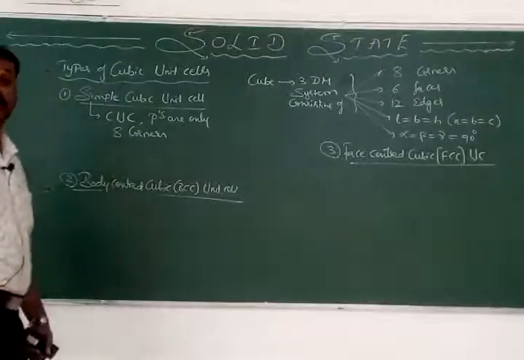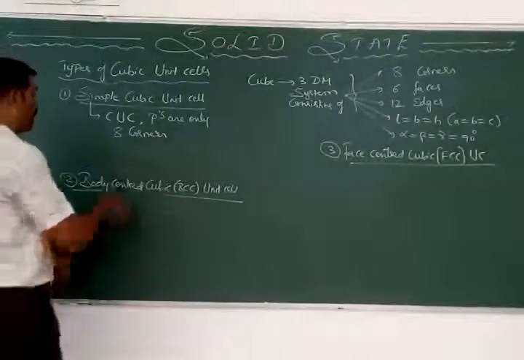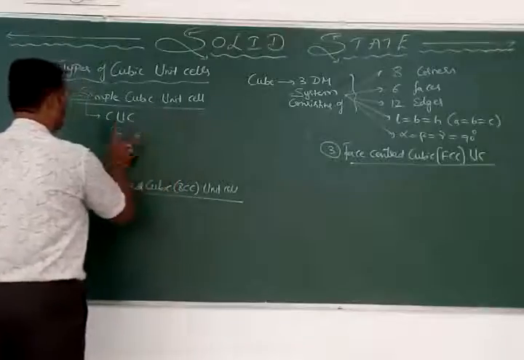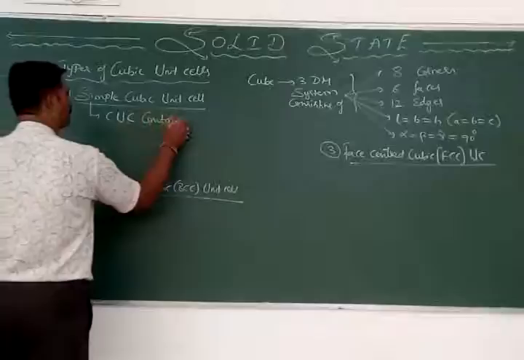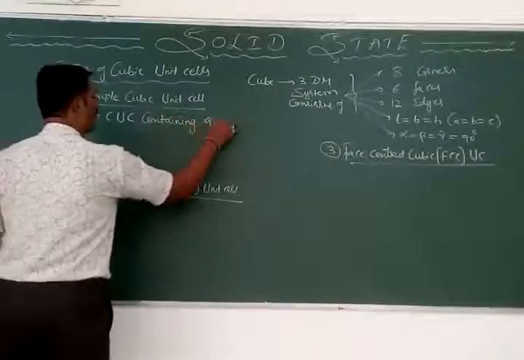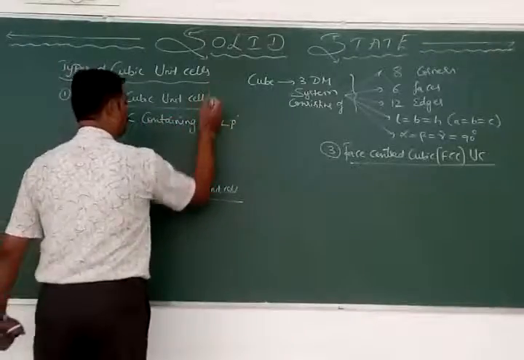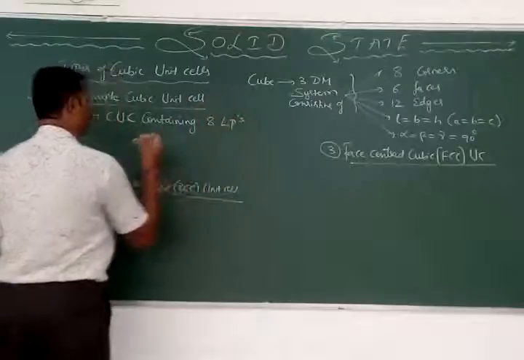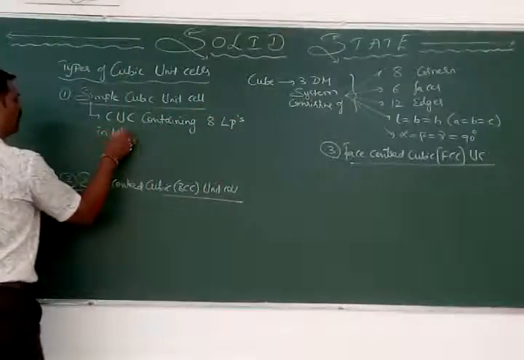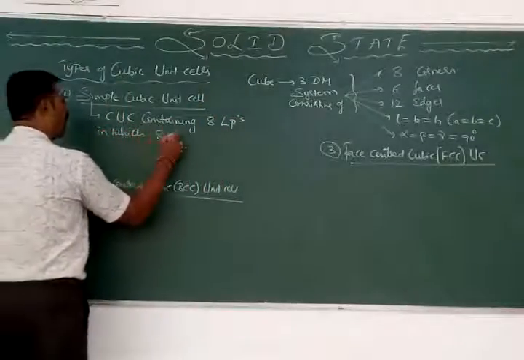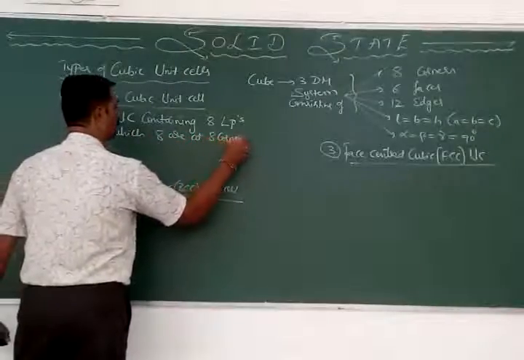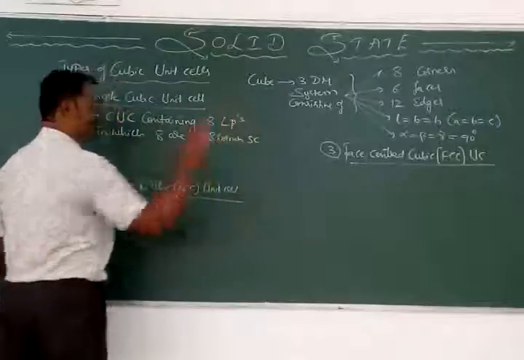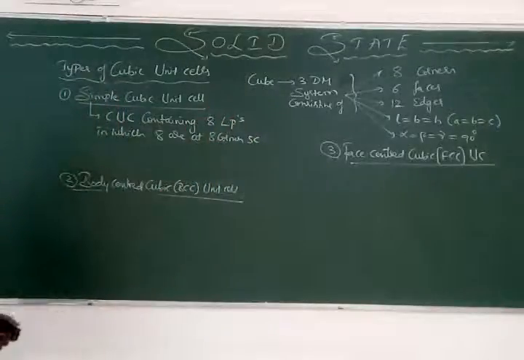It is a cubic unit cell containing how many lattice points? 8 lattice points, in which 8 are at the 8 corners of the simple cube.